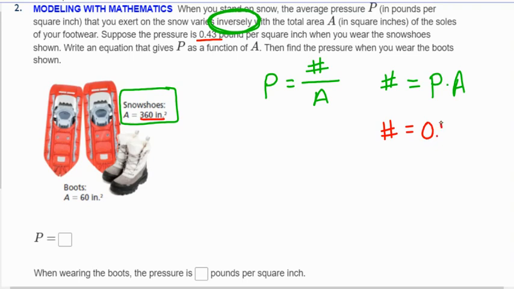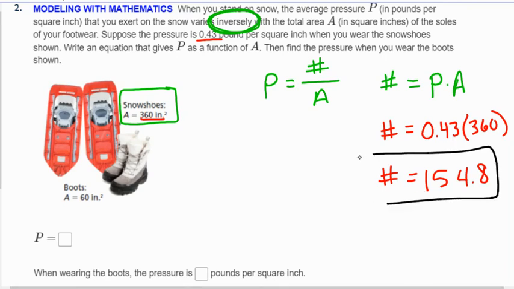So 0.43 times 360. You'll find that the variation constant is going to be 154.8. Okay, you use this value, this variation constant, to write your equation.